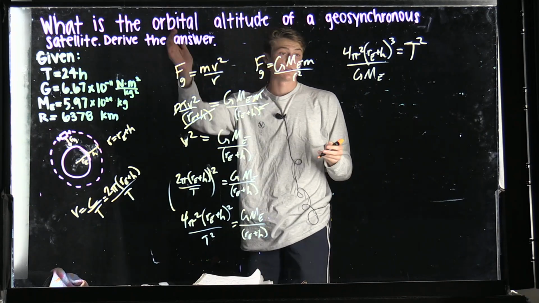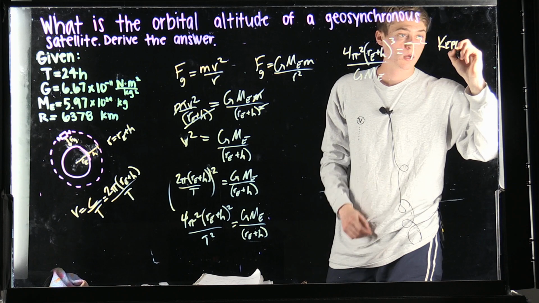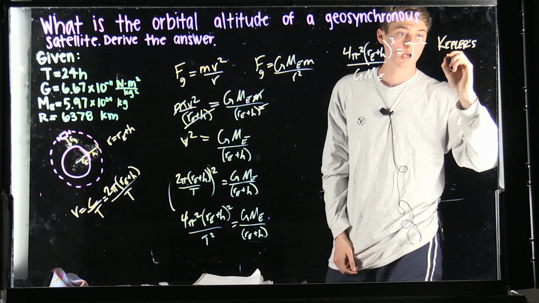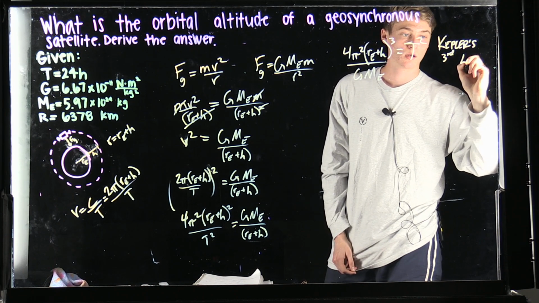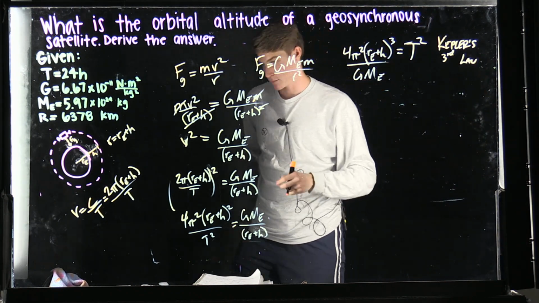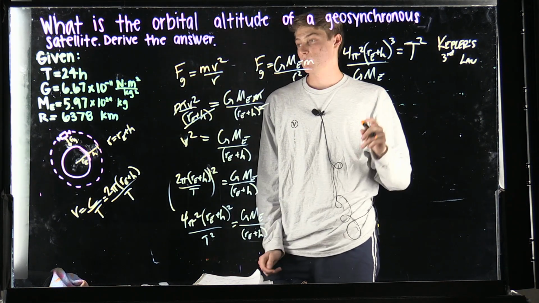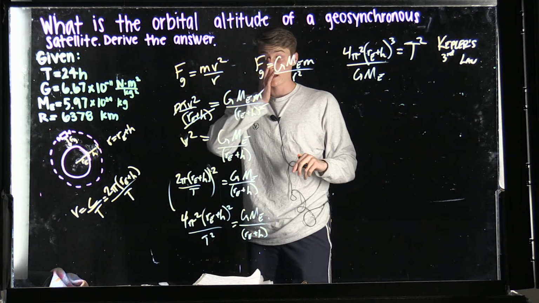And as you can see, this is Kepler's third law, where we just have a modified radius that accounts for the altitude of the satellite. So once we have this, we can start substituting the values that we're given.